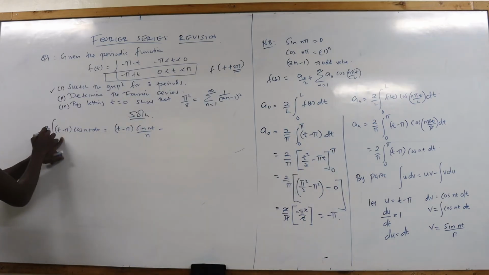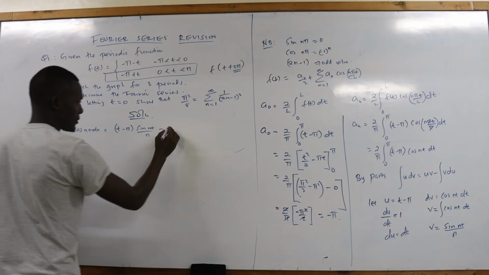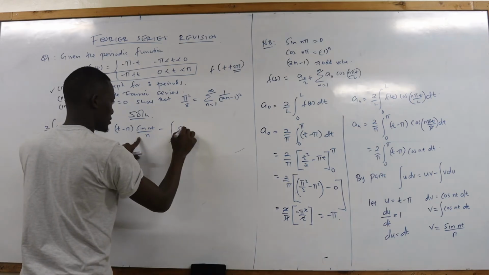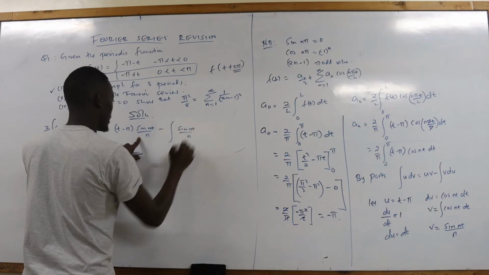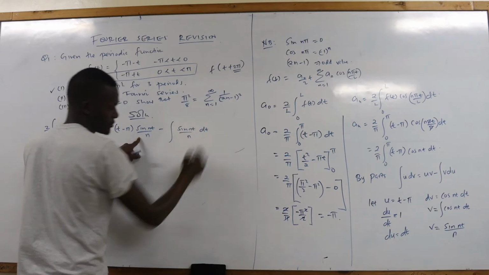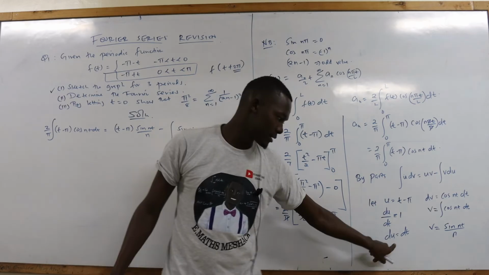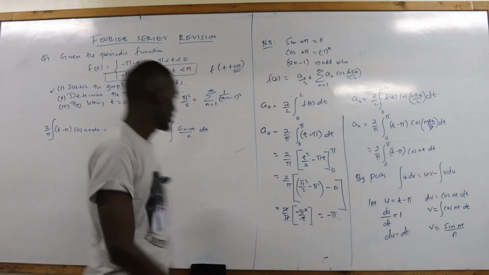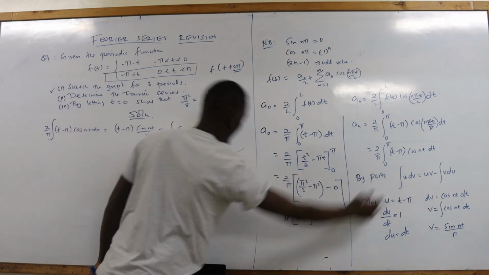So you have 2 over pi here, then minus the integral of v du. Our v is sin nt over n, then du was dt. You can see everything is here.